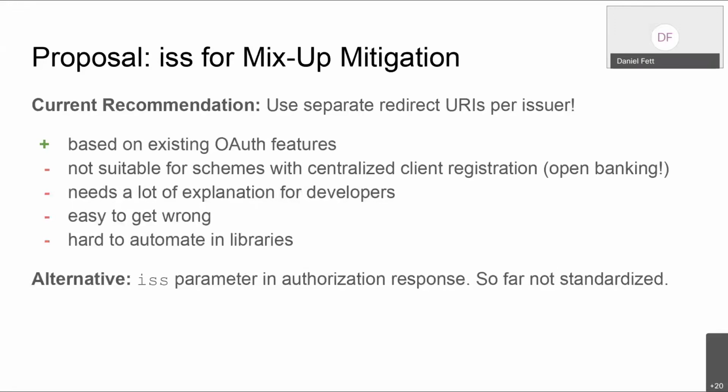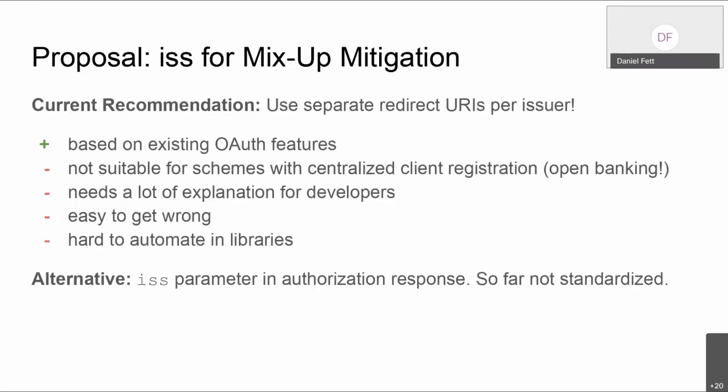And one such solution is something we also discussed very early on in this whole mix-up topic, which is to put an ISS parameter into the authorization response that tells the client which issuer the authorization server thinks it belongs to and which was used in that authorization process.